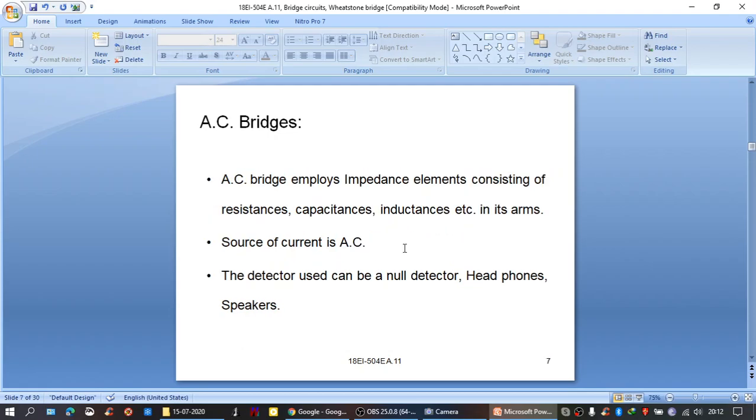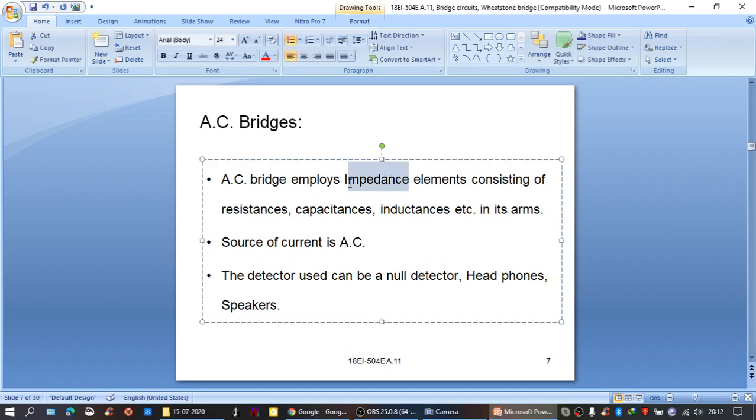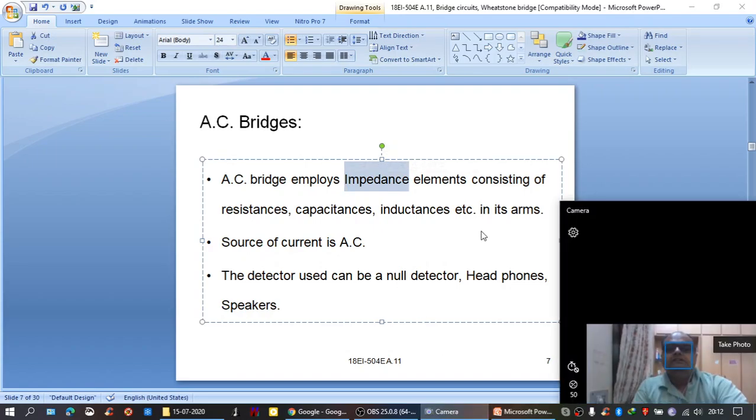The next is AC bridges. An AC bridge employs reactive elements as well as resistive elements. That is why it is given as impedance elements, consisting of resistances, capacitances, inductances, etc. in its arms.